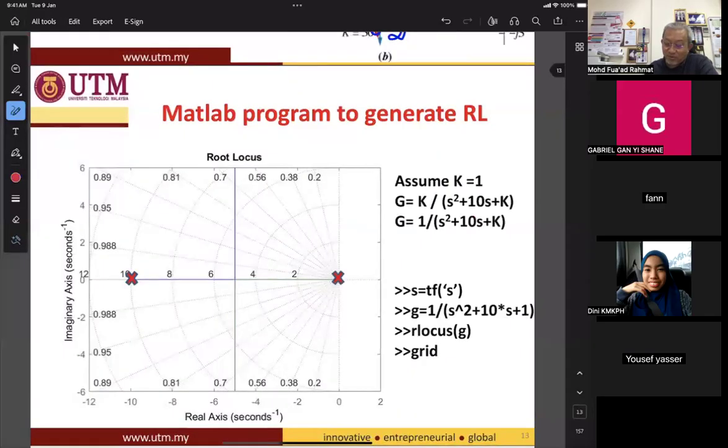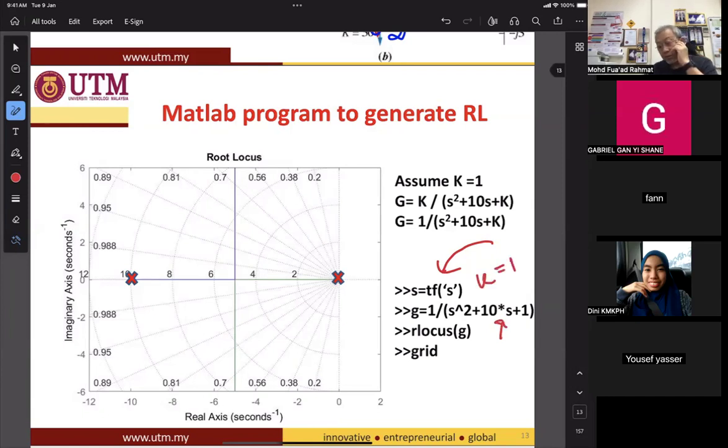So we plot it using the transfer function. We type this code: G equals TF('s'), then we write the transfer function by defining K equal to 1.